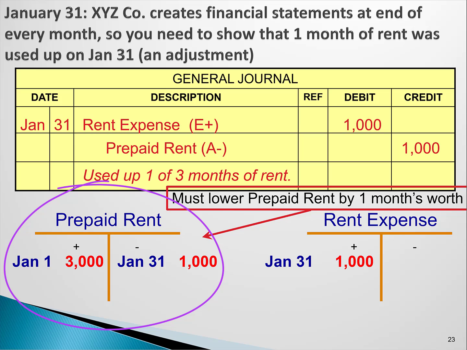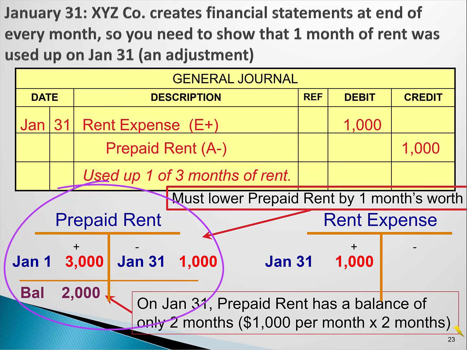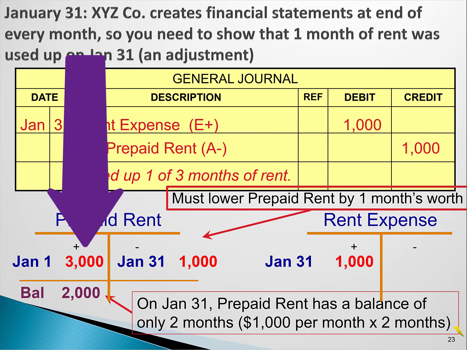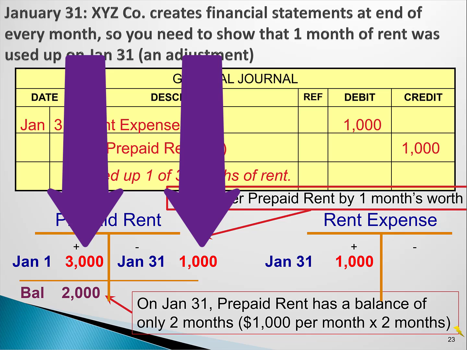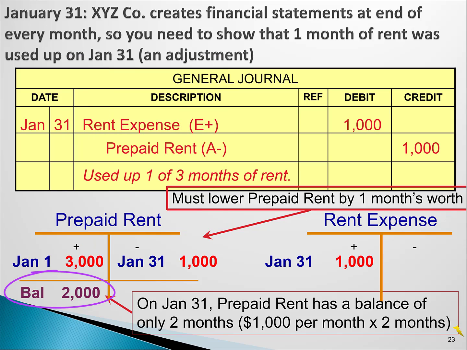To do that, you put a line under prepaid rent, and you take the $3,000 minus the $1,000, which gives us a balance of $2,000. So on January 31st, and also on February 1st, the very next day, we've got 2 months of prepaid rent in the prepaid rent account.